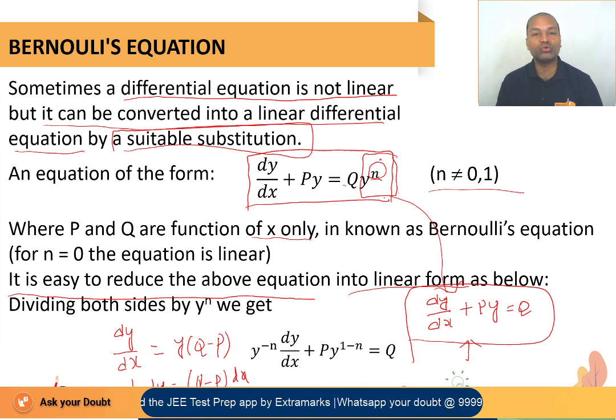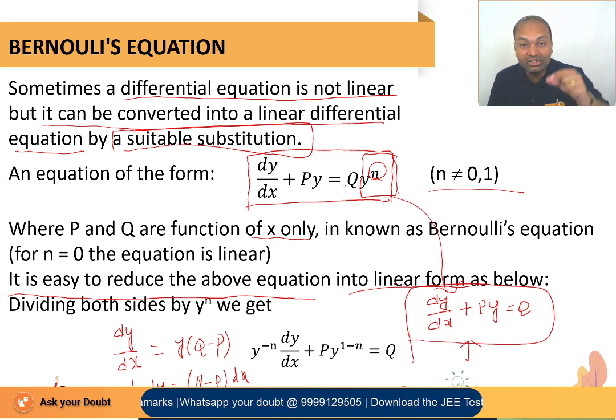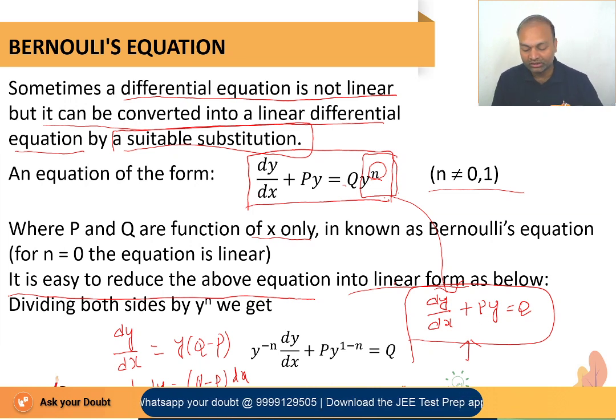Dividing both sides by what? Y power n. So the answer will be y power minus n into dy by dx plus p y power 1 minus n is equal to q. How? Our point is dividing both sides by y power n. Correct or not? Let us see.